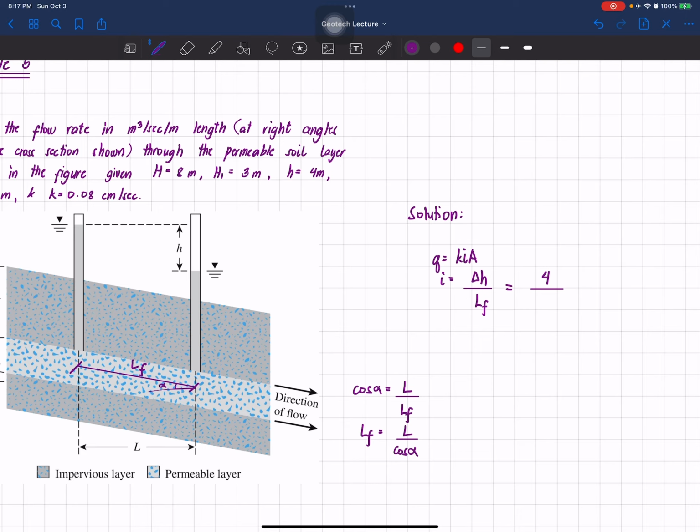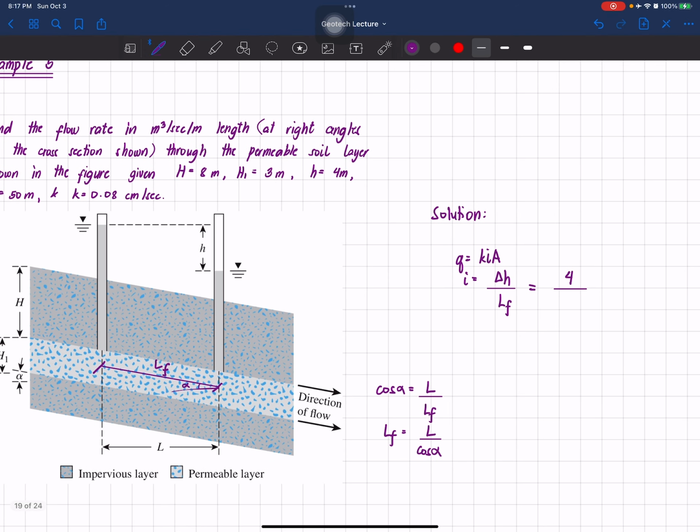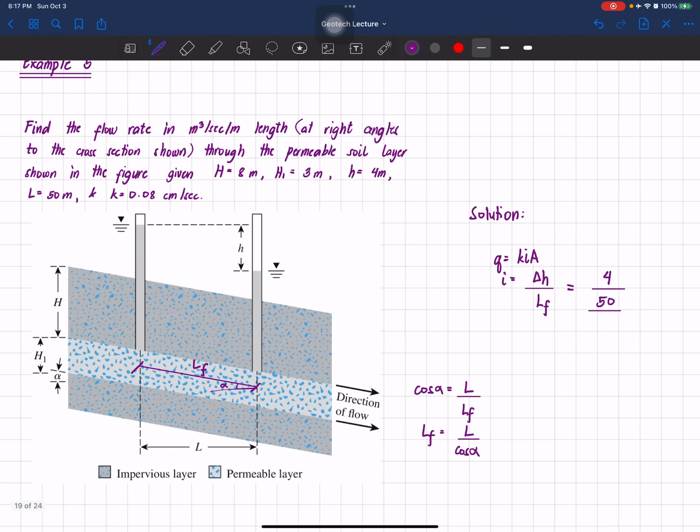Okay? So, delta H, which is 4, over L. Okay? So, that is 50 all over cosine ng alpha.